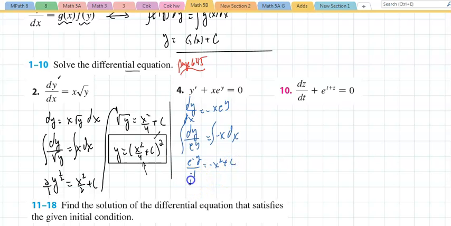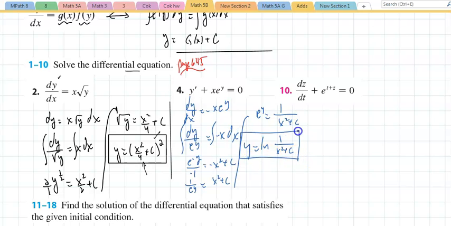So 1 over e to the y equals x squared plus c. That means e to the y equals 1 over x squared plus c, and y equals natural log of 1 over x squared plus c. If they give me initial conditions, I figure out what c is. Otherwise, that's pretty much it.